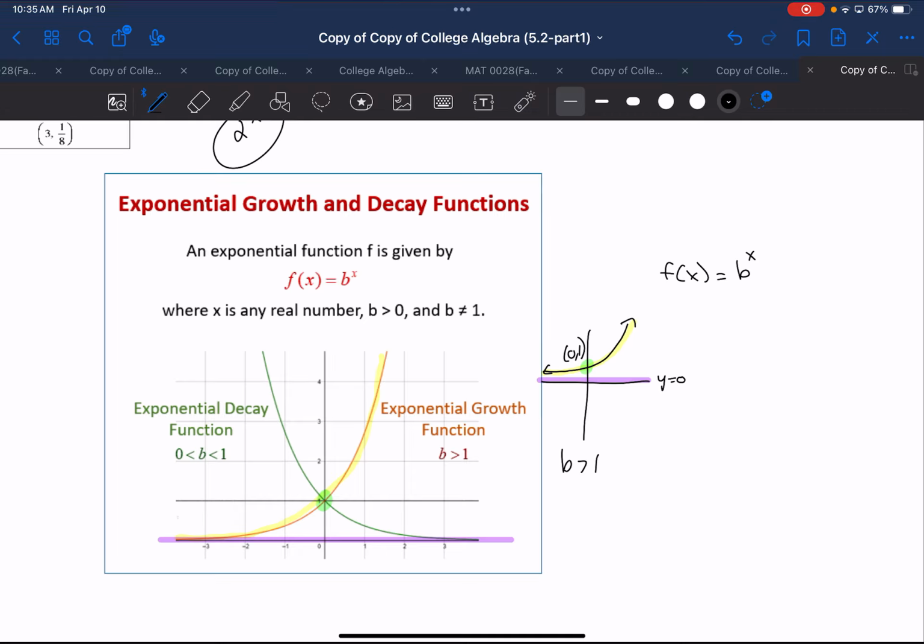And then the other one is if b is between 1 and 0. Well, then it's exponential decay. So it's going this direction. But it's still going through the point 0, 1.